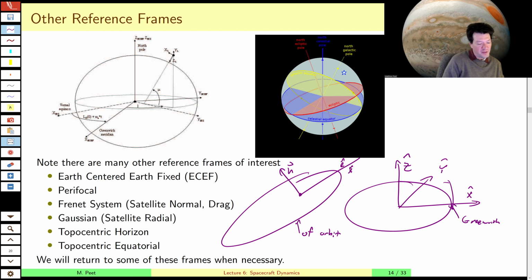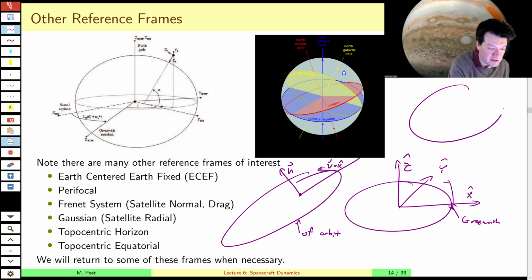Frenet, actually we don't see Frenet very often, except when we're talking about drag. That's the velocity vector of the orbit as the x hat coordinate there. Topocentric horizon, that's even more Earth-centered than normal. So in the topocentric horizon, here's our Earth again.